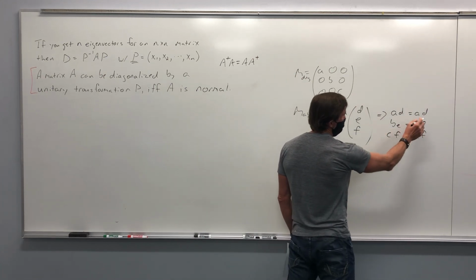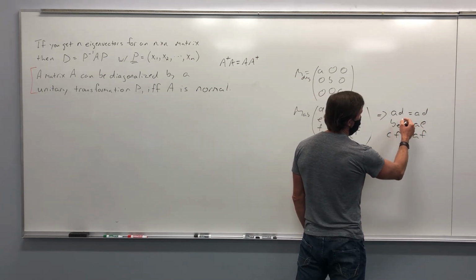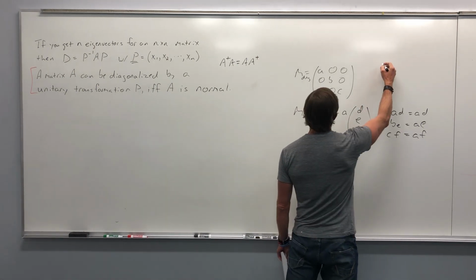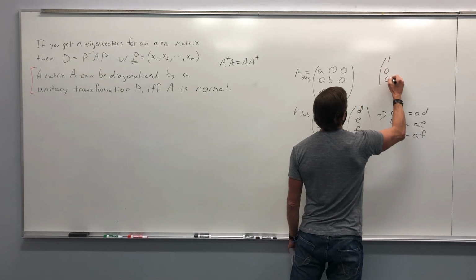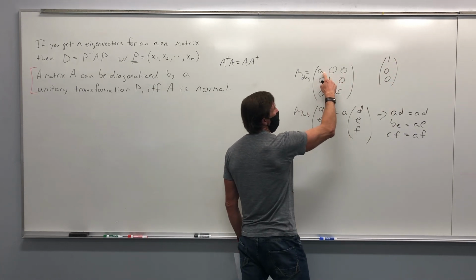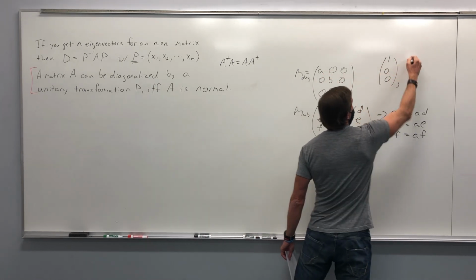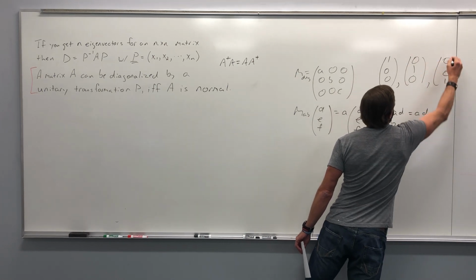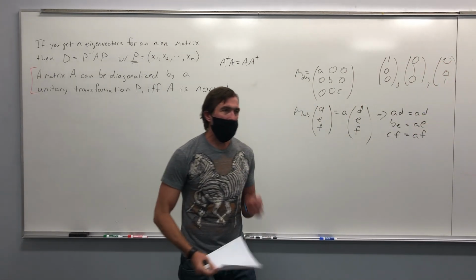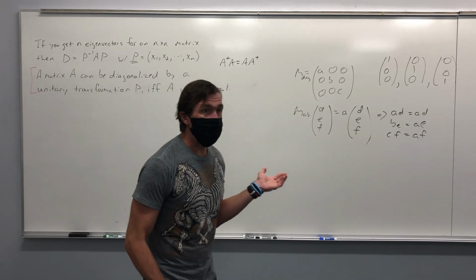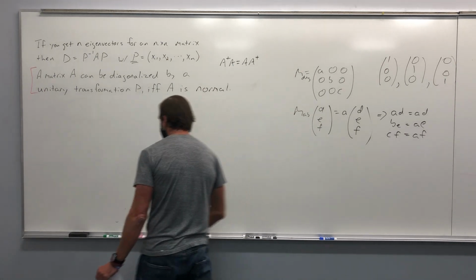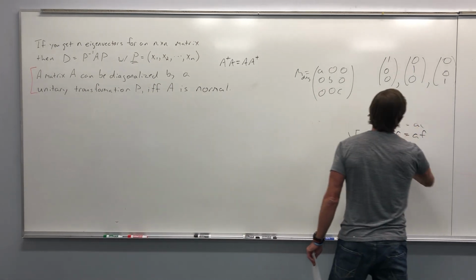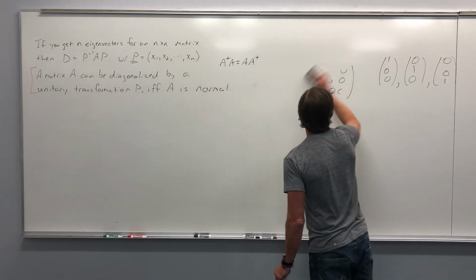It's just telling you E needs to be 0, F needs to be 0, and then A and D can be whatever, or D can be whatever you want it to be. So this eigenvalue is associated with this eigenvector, and then similarly for the others. So once you've got a diagonal matrix, it's obvious that you've got an orthonormal set of eigenvectors. Okay? So let's prove this, and it's going to take some doing.